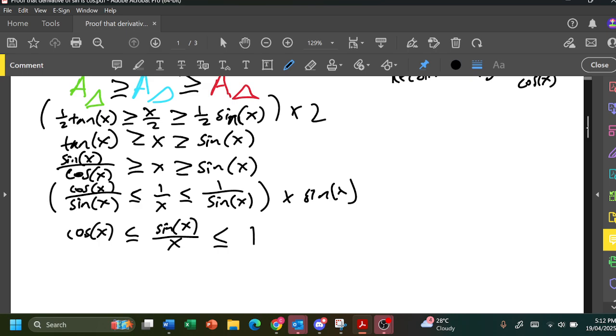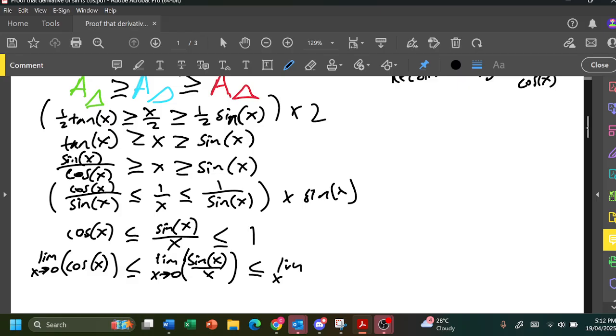Now, there is this idea in calculus called the squeeze theorem, which says that if cosine of x is less than or equal to sine of x over x, which is less than or equal to 1, then the limit as x goes to 0 of cosine of x is less than or equal to the limit as x goes to 0 of sine of x over x, and that's less than or equal to the limit as x goes to 0 of 1 by the squeeze theorem.